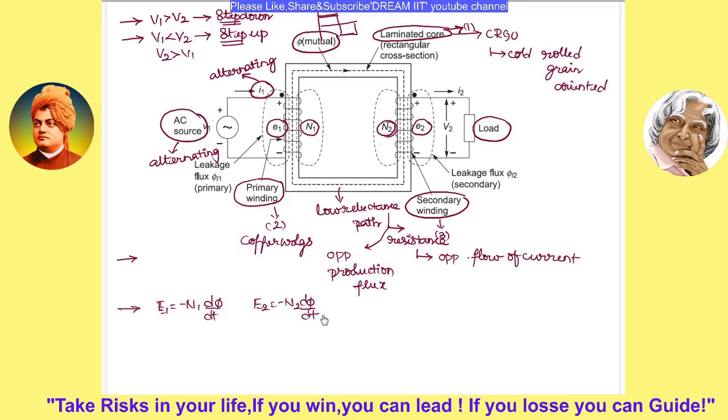If you observe clearly, this d phi by dt is common because the common flux is linking the primary winding side as well as the secondary winding side. So if you take the ratio, E2 by E1, you are going to get N2 by N1.